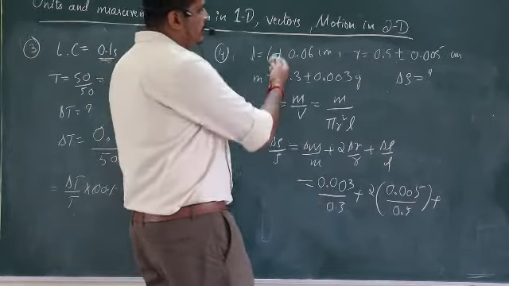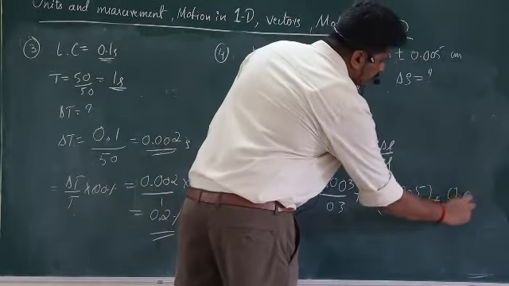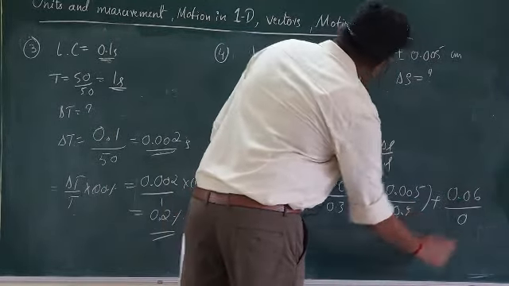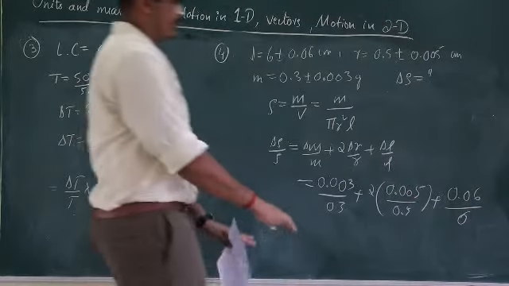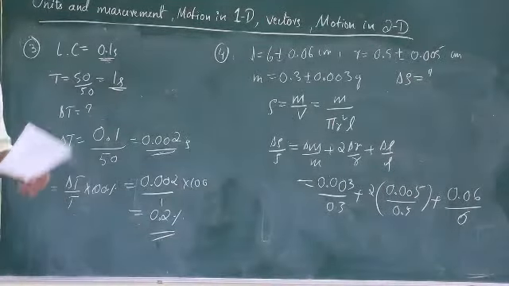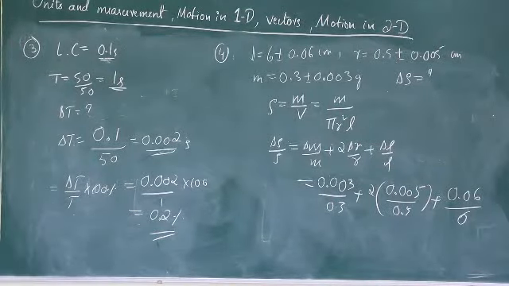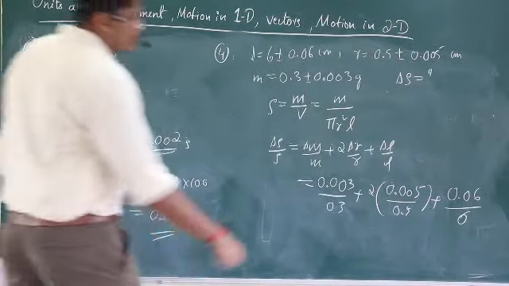L value, that means 0.06 divided by 6 itself. So finally you are supposed to get the answer 0.04.